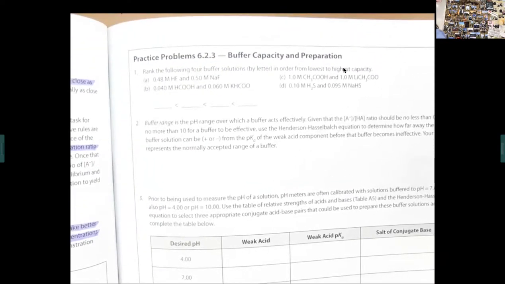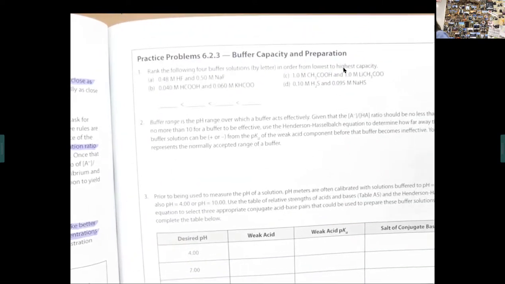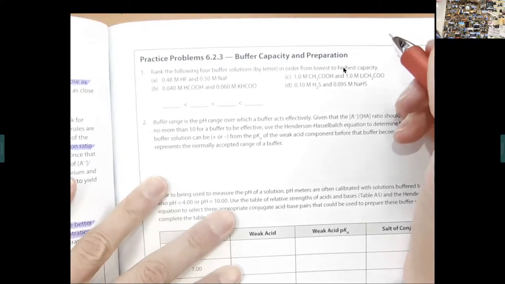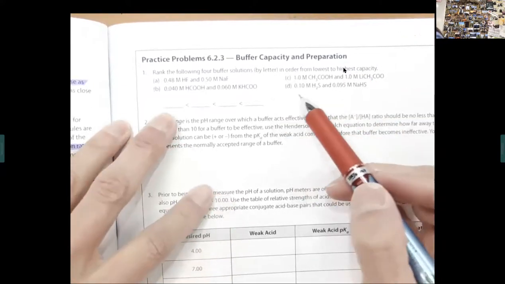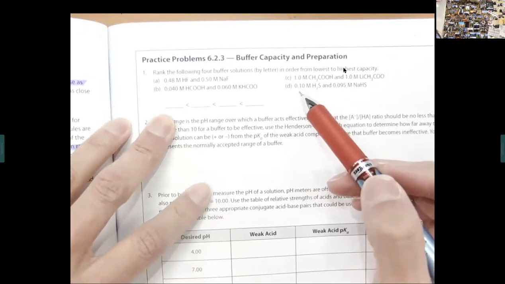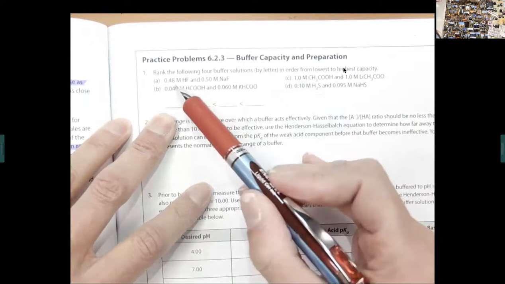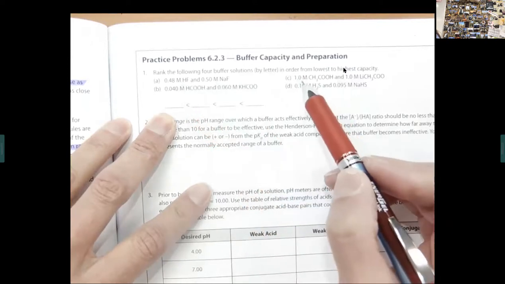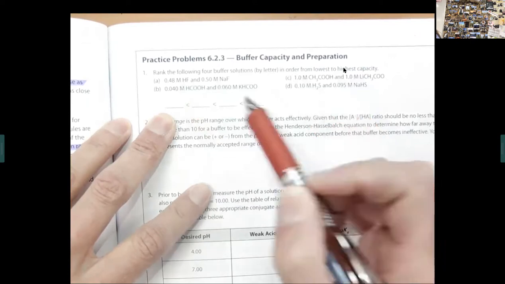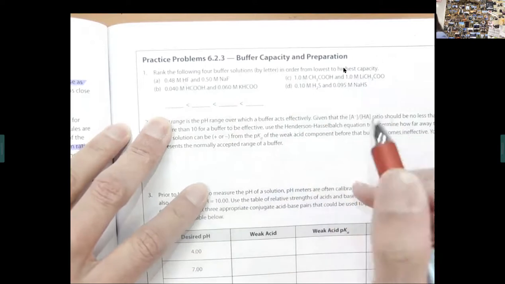So here they want us to rank the following solutions in order from the lowest to the highest capacity. If you look at the concentrations, we've got 0.48 molar and 0.5 molar, 1 to 1, 0.1 to 0.095, 0.04 to 0.06.